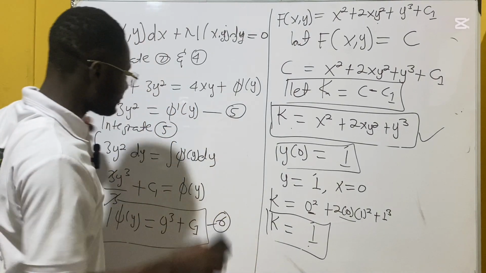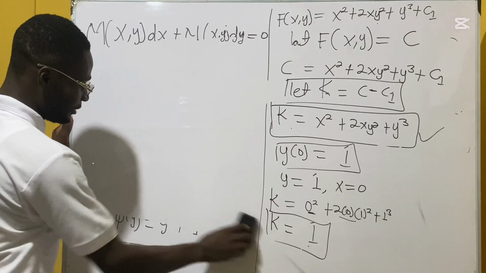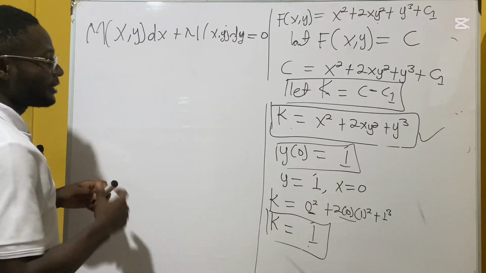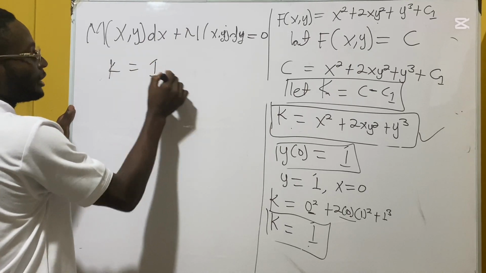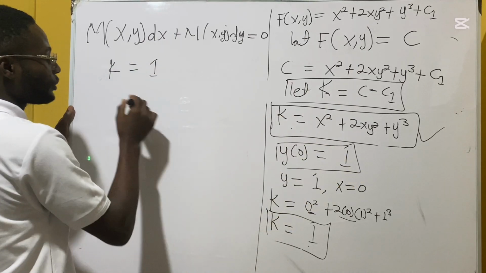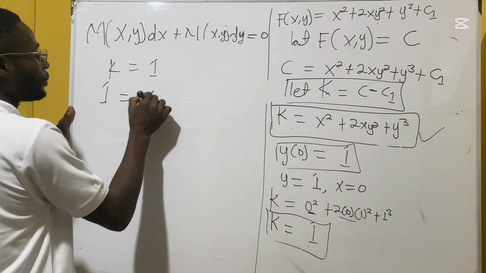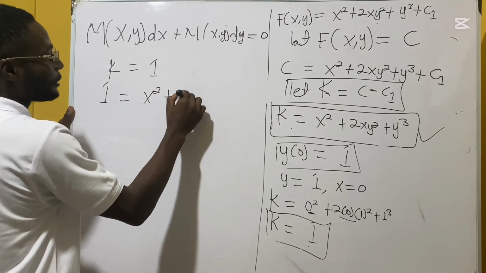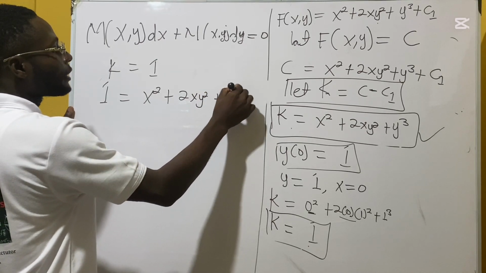So here we can say that our k, which is equal to 1, is replacing this here so that we can have our particular solution. So we have 1 is equal to x squared plus 2xy squared plus y cubed.